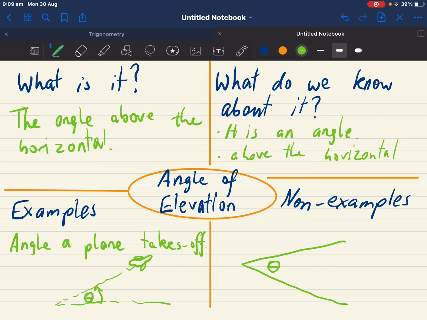This angle over here, if I go back to my example, that's an angle between two sides. What made that one an angle of elevation and the other one not? It is because this side is horizontal, or at least it was meant to be. The angle of elevation is, as we saw from the first part, the angle above the horizontal. So this one here is not an angle of elevation because this side was not horizontal.